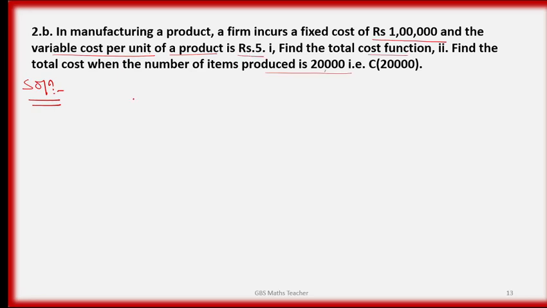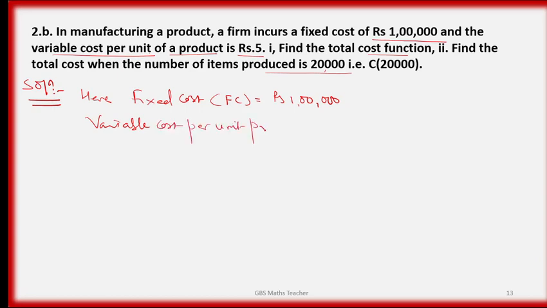Here, dear students, the fixed cost that is supposed by FC in short form is RS 1 lakh. Variable cost per unit of a product equal to RS 5.